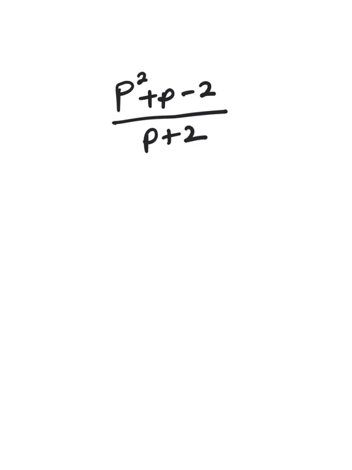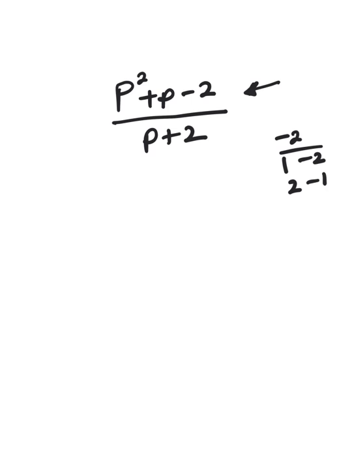This is one of the Quizalize questions. We have p squared plus p minus 2 divided by p plus 2. So what you're going to do is get the factors of 2. The factors of 2 are 1 and negative 2, and also 2 and negative 1.